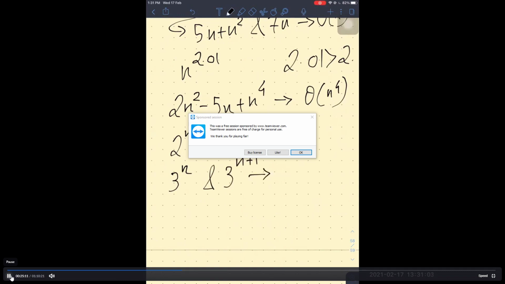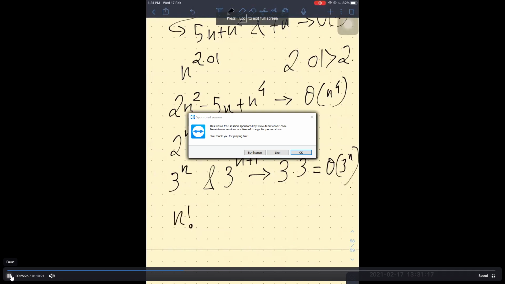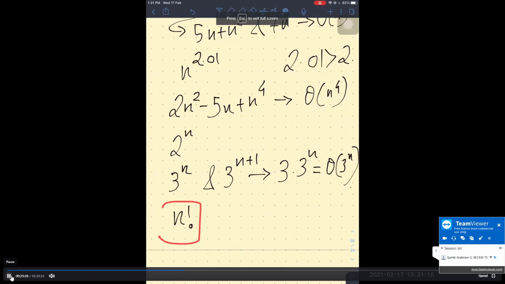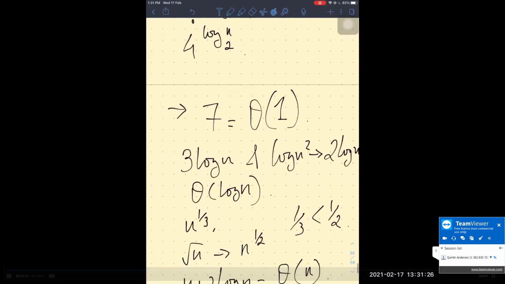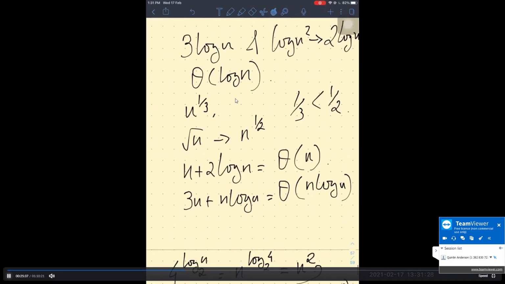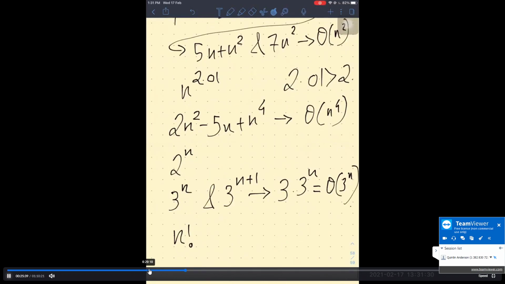So this one is basically 3 times 3 to the power n. And all of them will have runtime of theta 3 to the power n. Then finally we have factorial. So the runtime of the factorial will be highest among all those functions. So is it clear? Any confusion, questions regarding the runtimes?